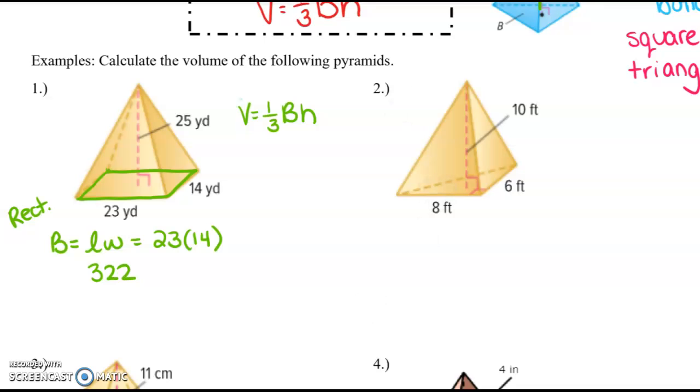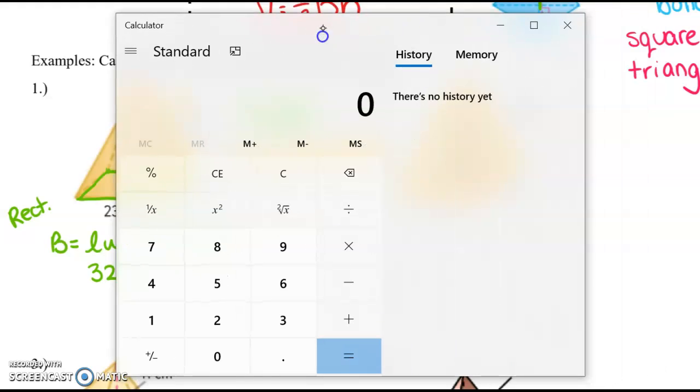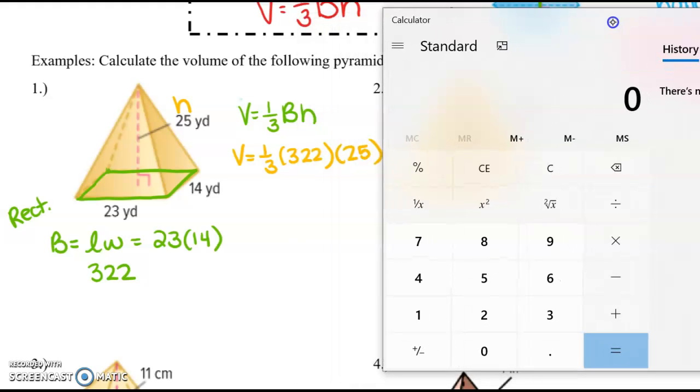In the formula, volume equals 1/3 times 322 times my other measurement of 25, which is my height. When you do this in the calculator on the computer, you can't really do 1/3. So I multiply the numbers together and then divide by 3.